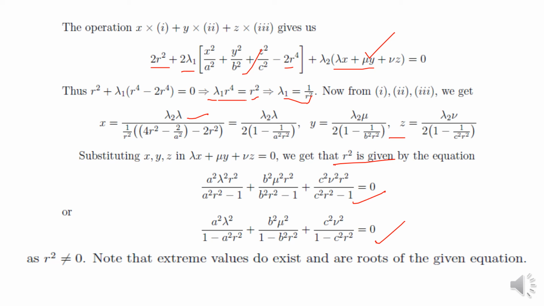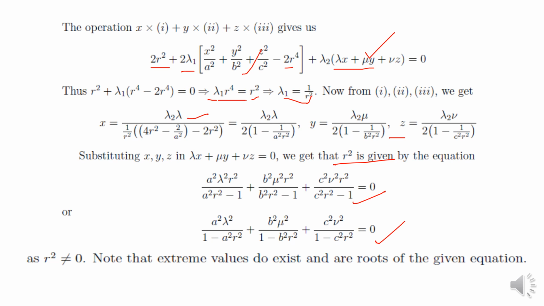It gives r square, first terms added. When we add all the second terms, it gives r to the power 4 lambda 1 plus 0 lambda 2 is equal to 0. So lambda 1 is minus 1 upon r square.